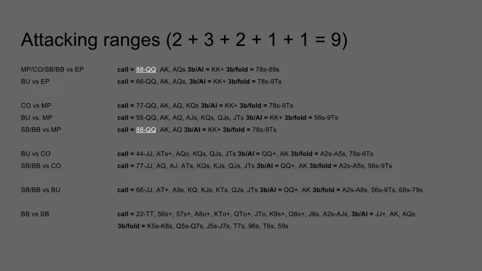And between them, you have very similar ranges. It's very obvious there are always queens, easy to remember. So you will remember, for the first 5 ranges, I'm always gonna call with queens, and it's only a question what is the bottom pocket pair I'm gonna call. And of course, we're gonna call everything in between.